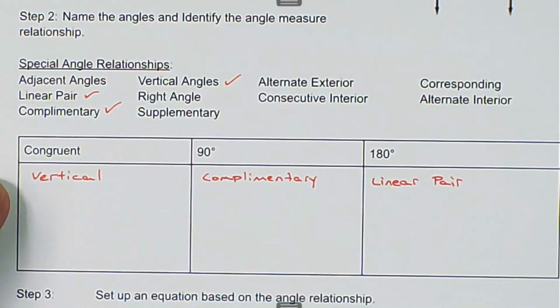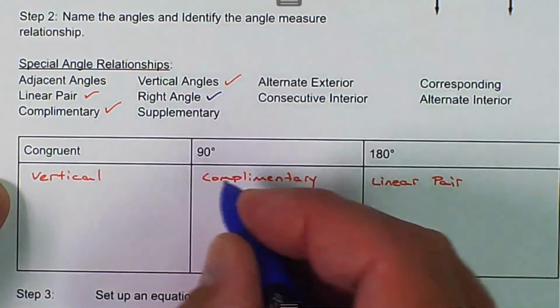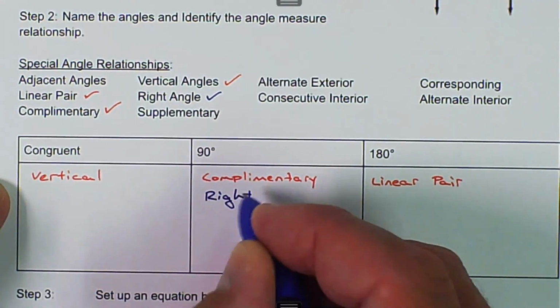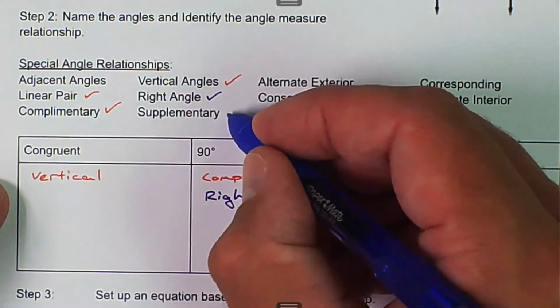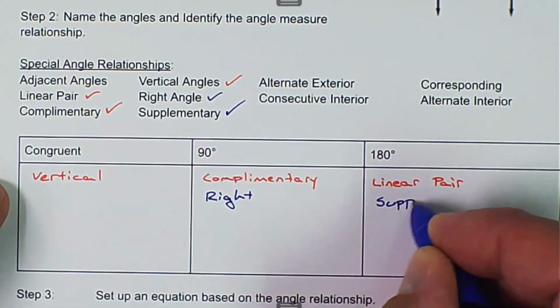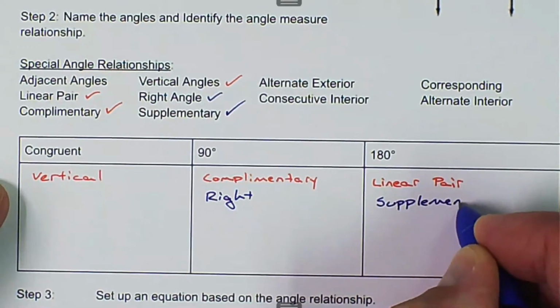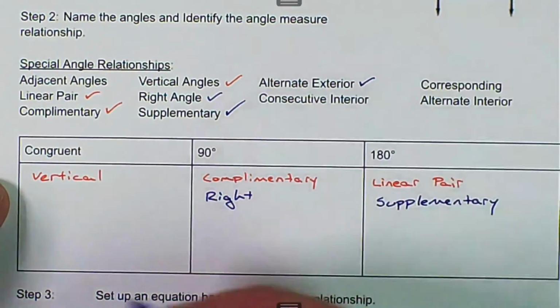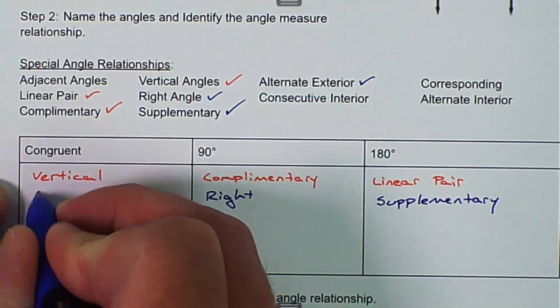Next we have right angles, and those are 90 degrees. And supplementary, those are 180 degrees. And alternate exterior, those are congruent.